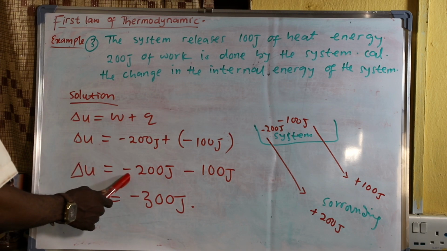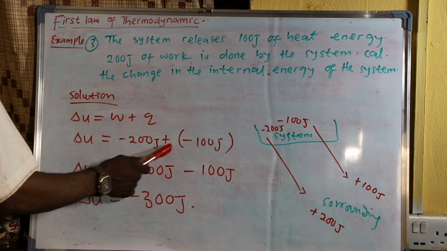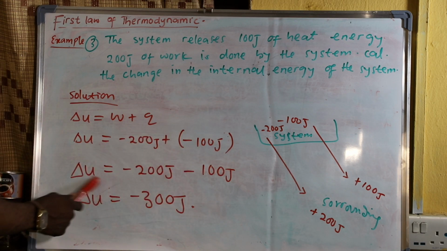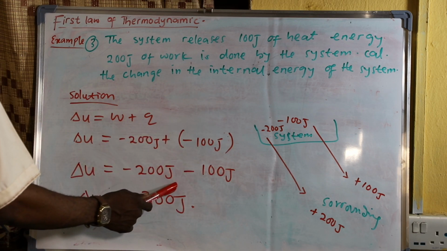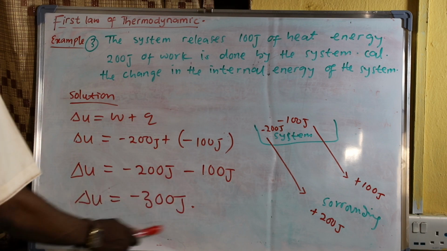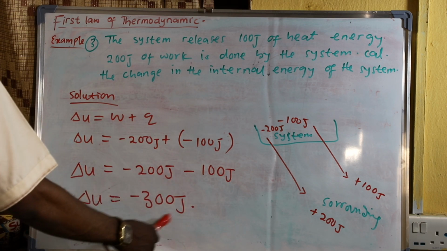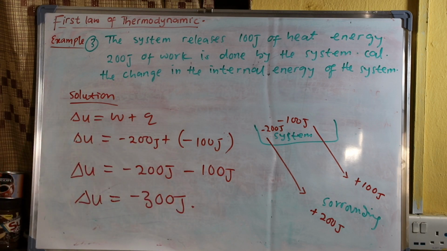Now dU is equal to minus 200 joule plus minus 100 joule. dU is equal to minus 200 joule minus 100 joule, which is minus 300 joule. So this is the total change in internal energy of the system.